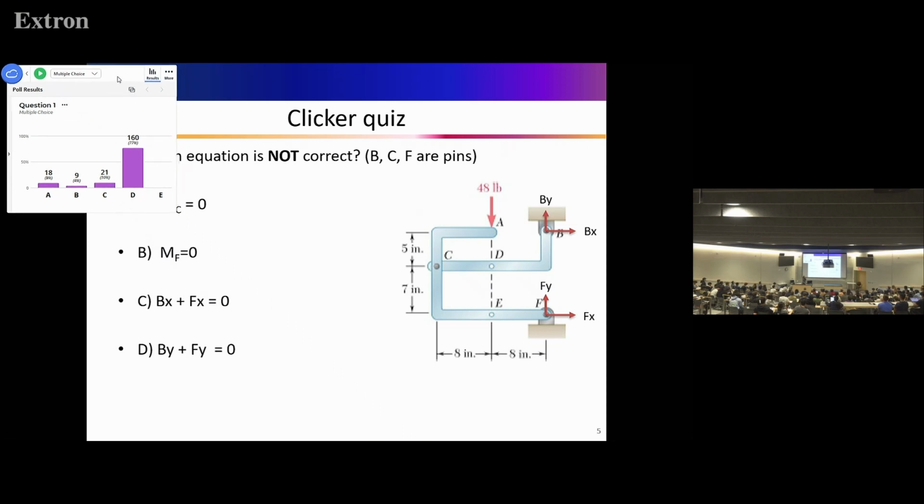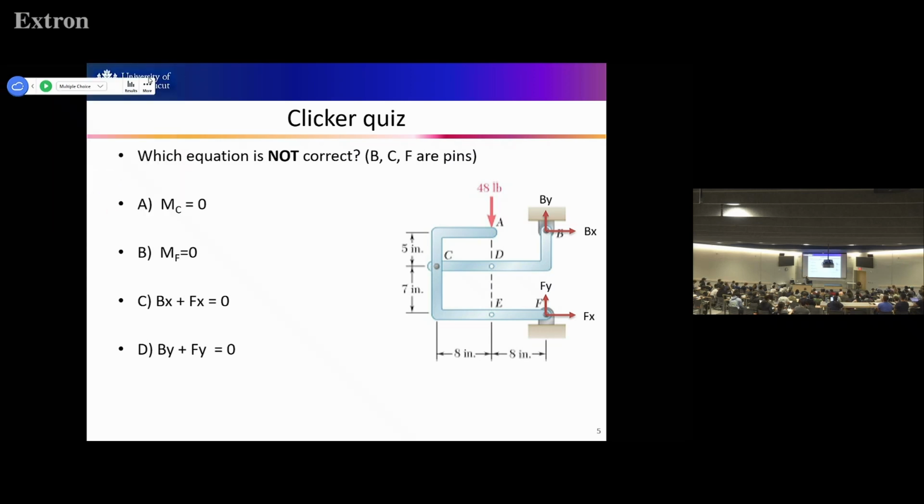Okay, this is the result, and D has the most votes, but some chose A, B, C. Let's check it together. What about C and F? C is here, right? C is a hinge. So at a hinge, is moment 0 or non-zero? At a pin, moment should be 0, right?